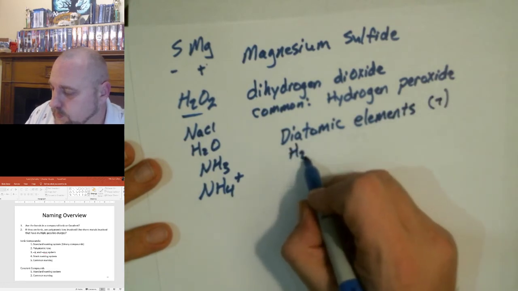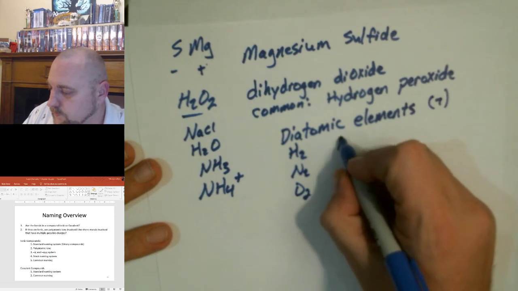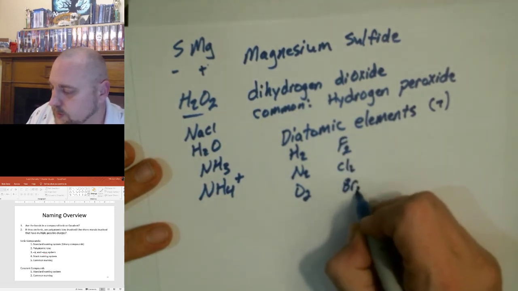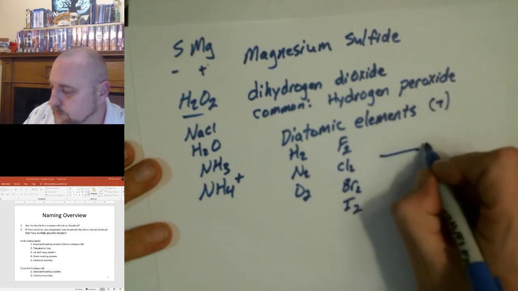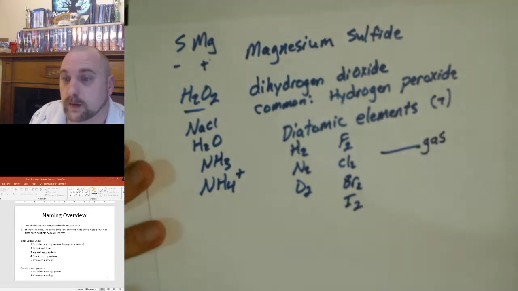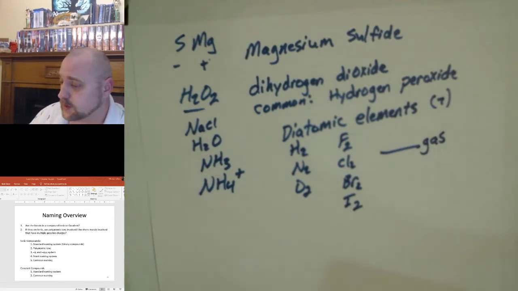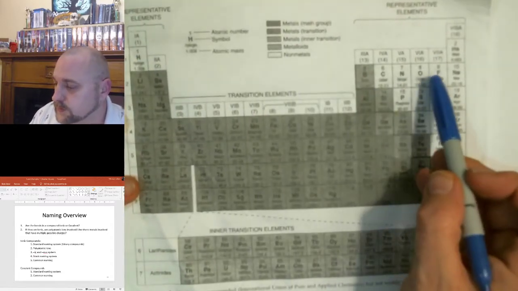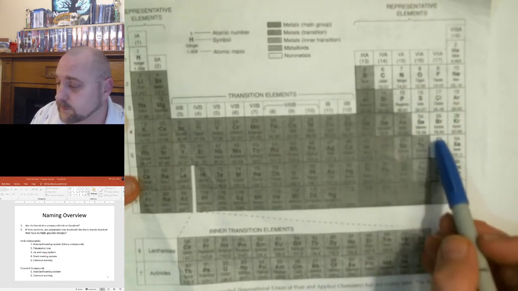So hydrogen, nitrogen, oxygen, and then fluorine, chlorine, bromine, and iodine. All of those will be something gas, and that's how we'll refer to those. A nice way to keep up with it: pick up hydrogen, come over here to nitrogen, oxygen, fluorine, chlorine, bromine, iodine, makes a 7 in the corner.